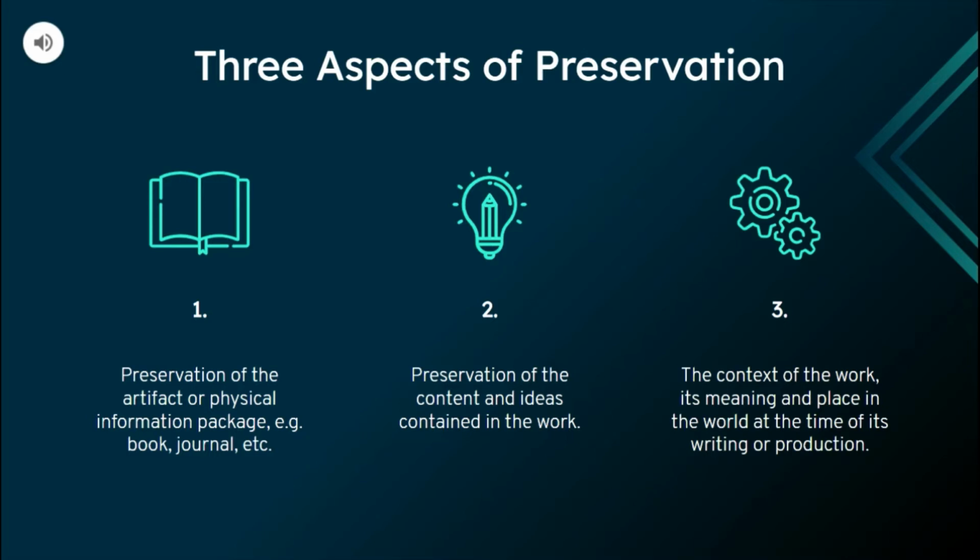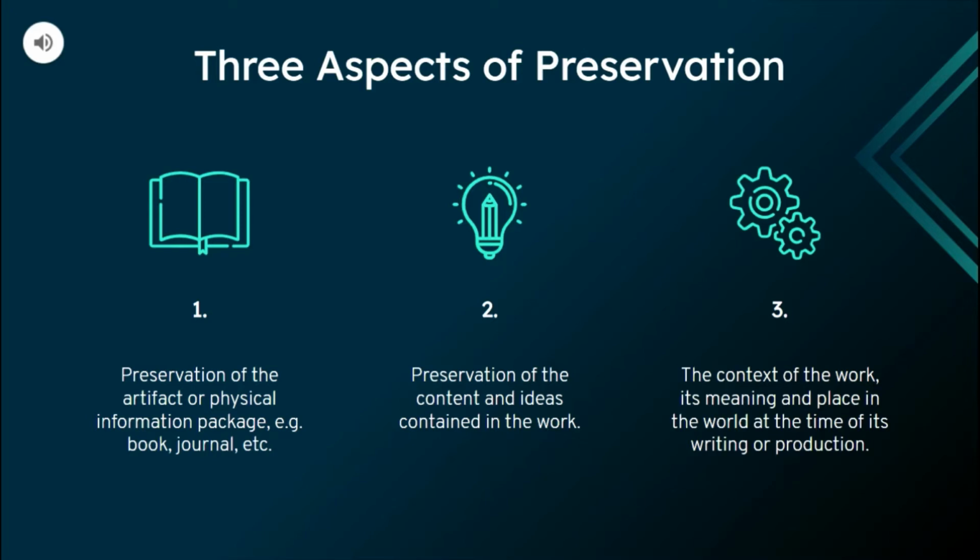While this is important to physical information, digital-born information also comes into play here. Because natively digital information does not have a physical form, the preservation of the content is the most important consideration for the archivist. The third aspect of preservation is the context of the work, specifically the meaning at the time of its writing or production.